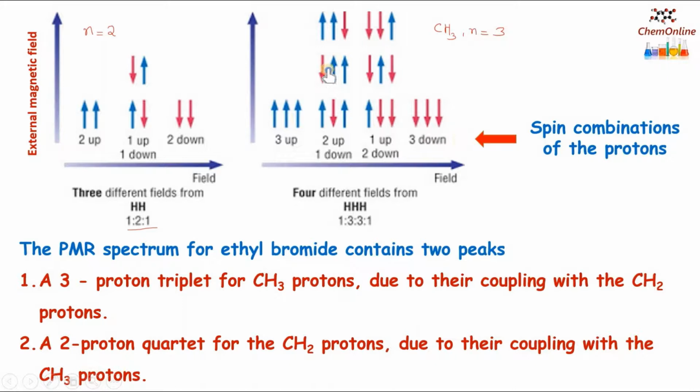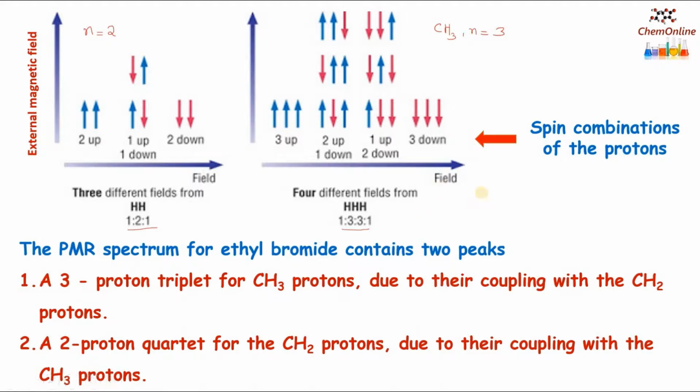So that means the signal will be split into 4 lines. That is, it will be a quartet, and the relative intensity will be 1:3:3:1. Since there are 3 probable combinations of 2 up and 1 down and 1 up and 2 down, the intensity ratio will also be like this, that is 1:3:3:1.